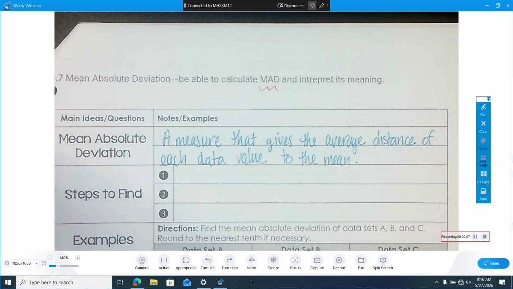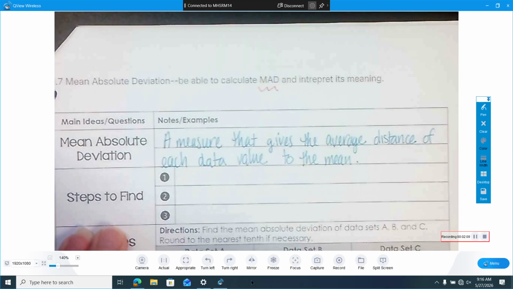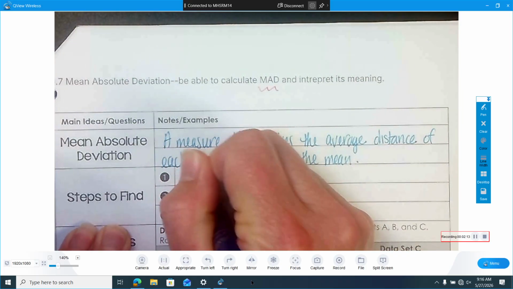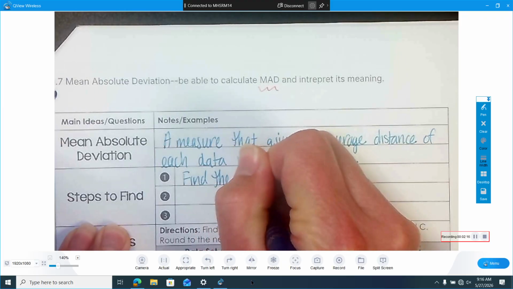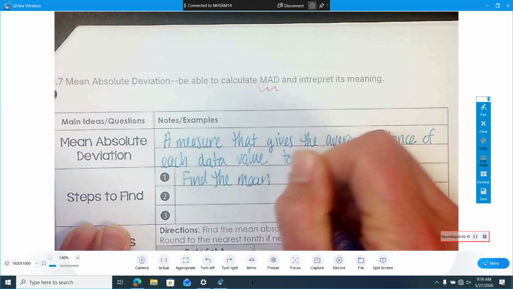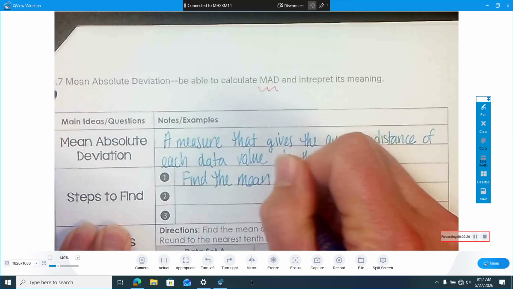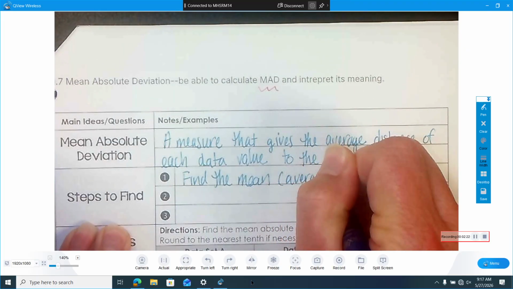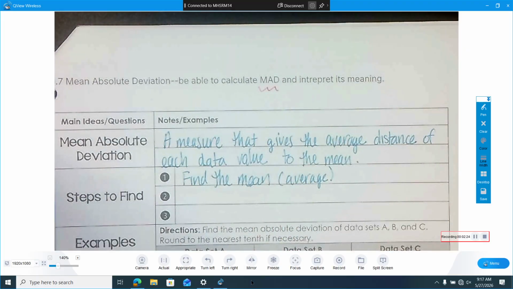And so in order to find the mean absolute deviation, the first thing is we need to find the mean. All right? The mean, and I'm just going to write average. So you're going to add up your original numbers and divide just like we did yesterday.